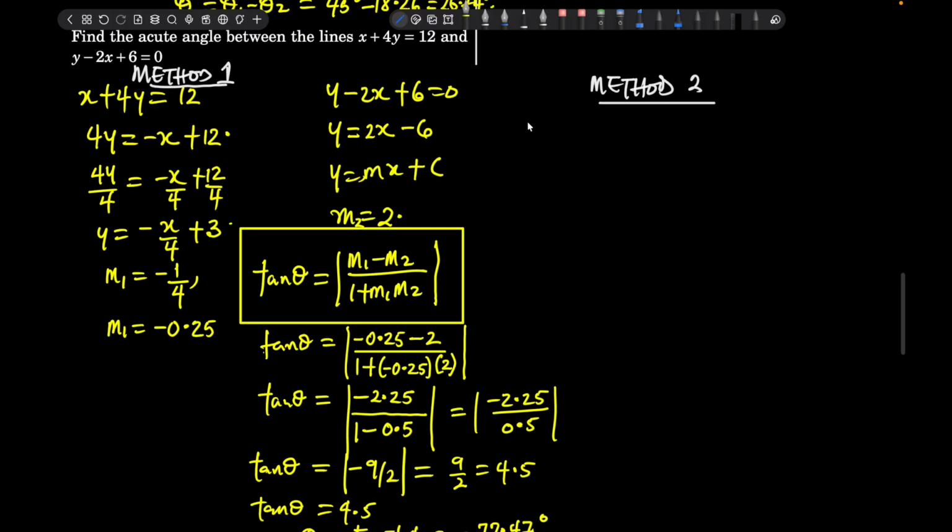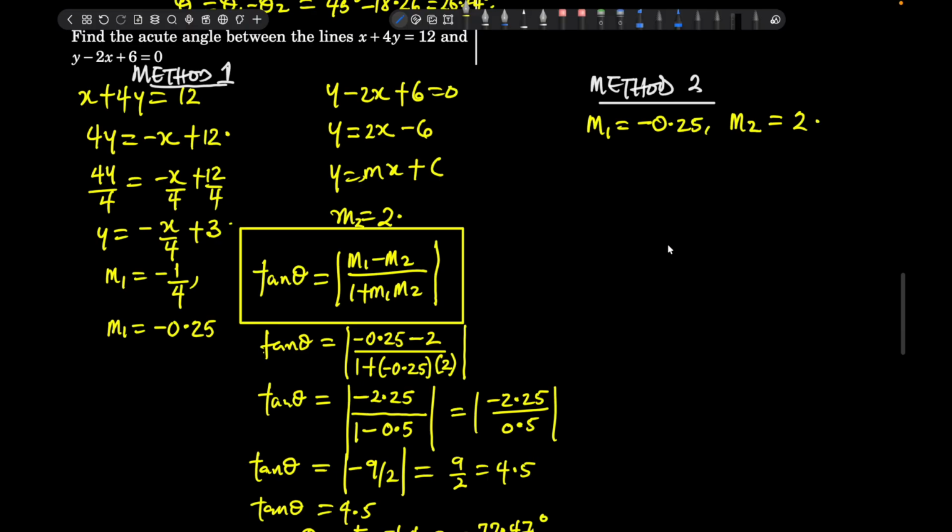Again, I said, if you recall, that you must make sure you find your slope, whether you want to use method 1 or method 2. So for slope, I calculated already, so I won't want to go through that again. M1 is equal to minus 0.25. M2 is equal to 2.